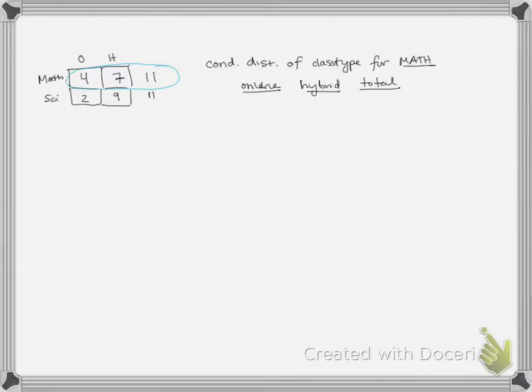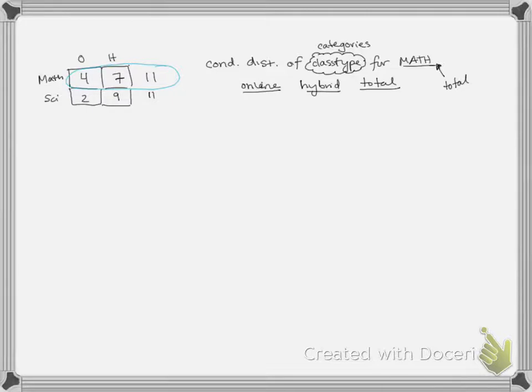Those are our 3 categories still, because we're still talking about class type. These are my categories. But then whatever we signify at the end, this is where we achieve this idea of our new total for the conditional distribution.